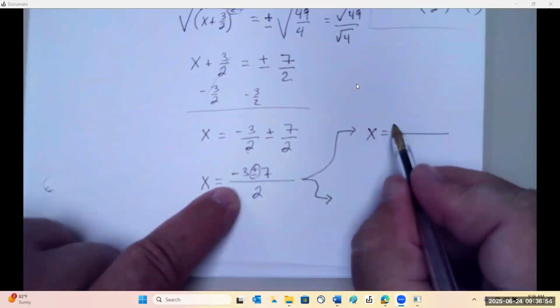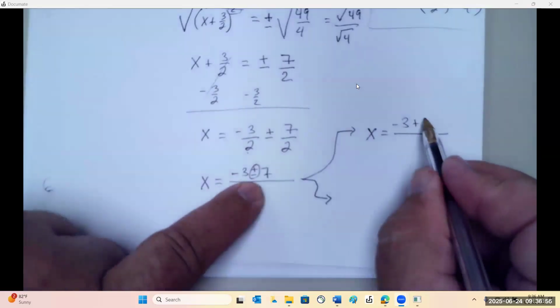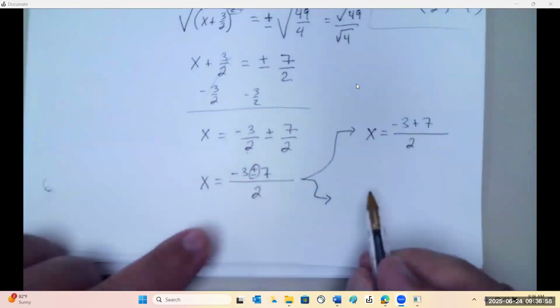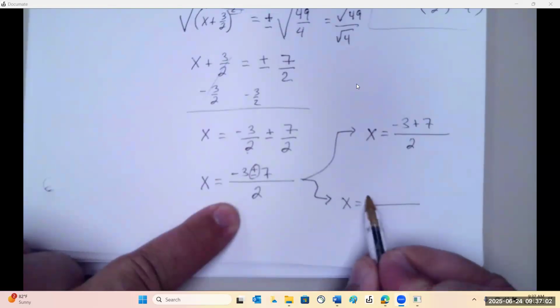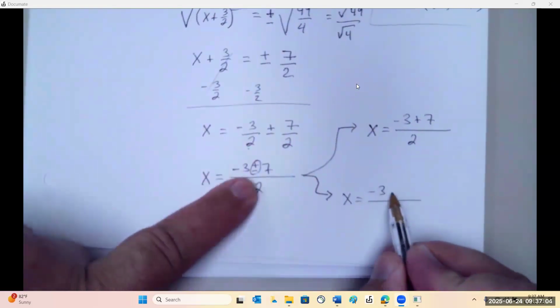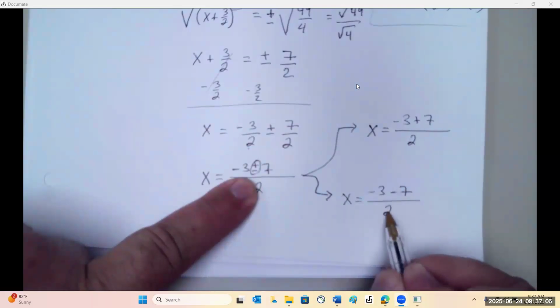We have negative 3 plus 7 over 2 and negative 3 minus 7 over 2.